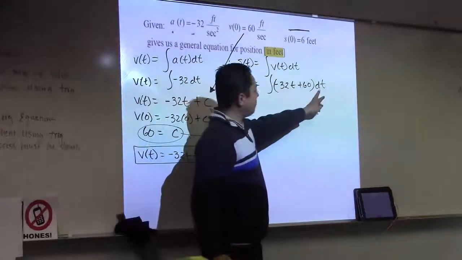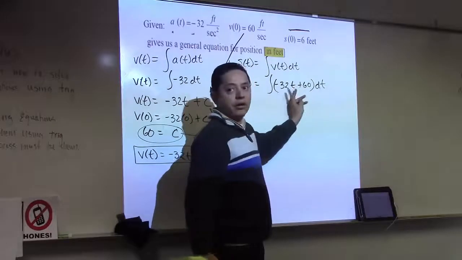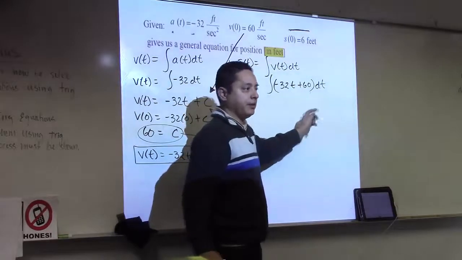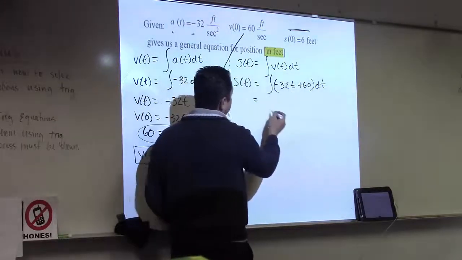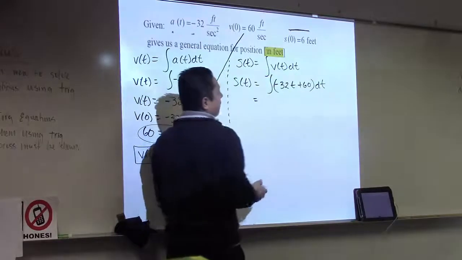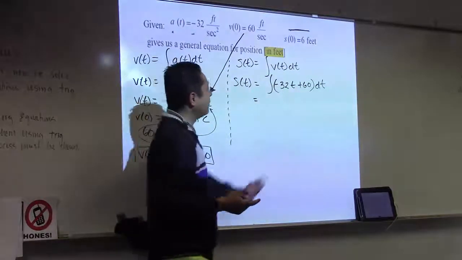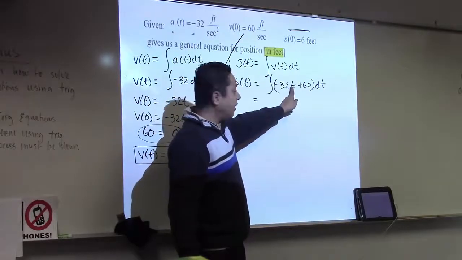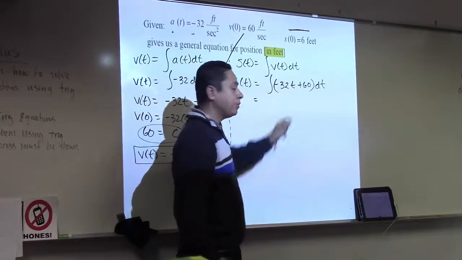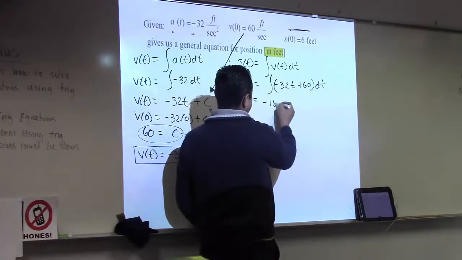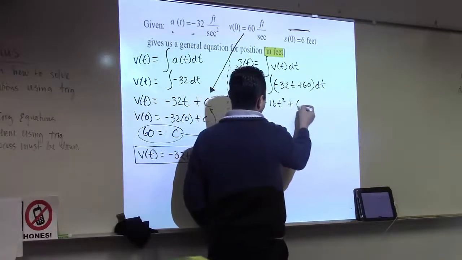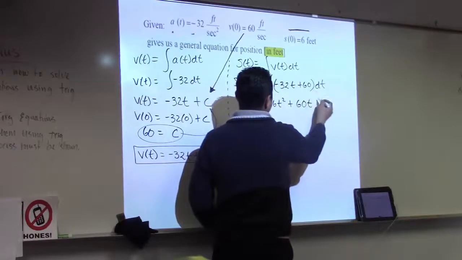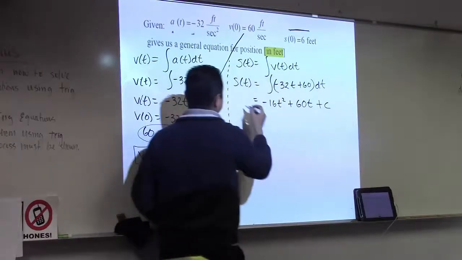Be careful here that dt belongs to both terms, so you have to encapsulate that in parentheses. Antiderivative of negative 32t, you bump up the t, that becomes t squared, and then divide 32 by 2, so you will get negative 16t squared plus 60t plus c.